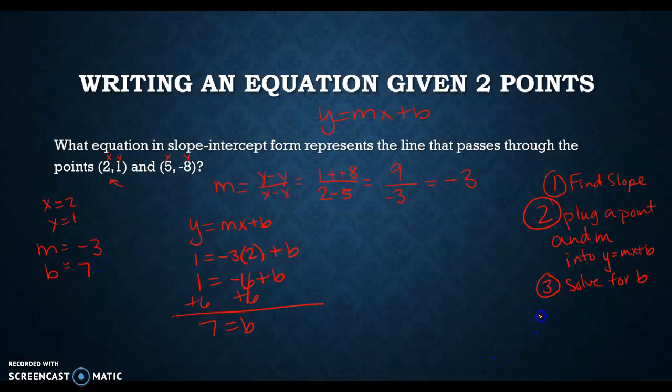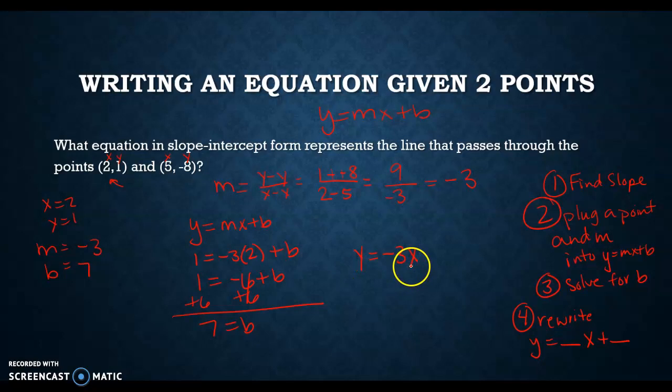And so my last step, step 4, is going to be to rewrite y equals mx plus b. So I'm going to rewrite this equation one last time. So y equals, and then I'm going to put in my -3 for m, but I'm going to put x.